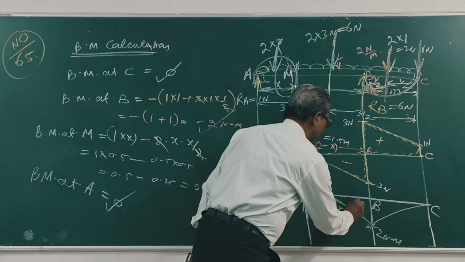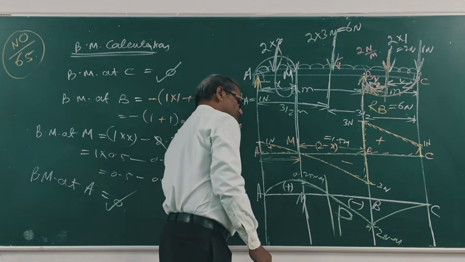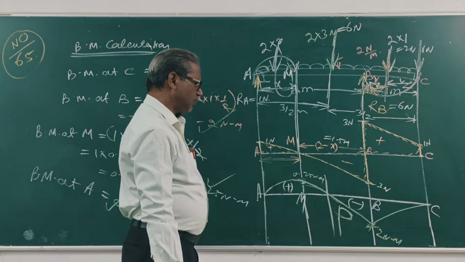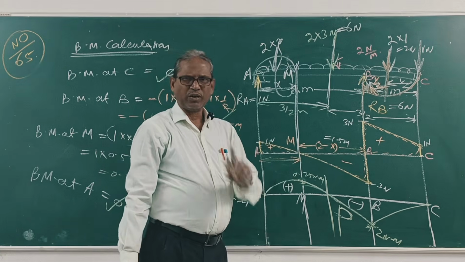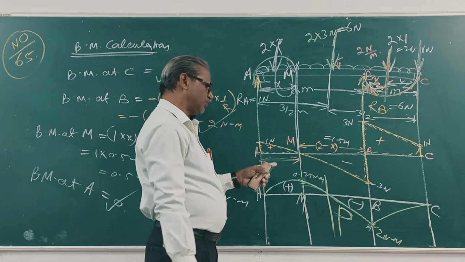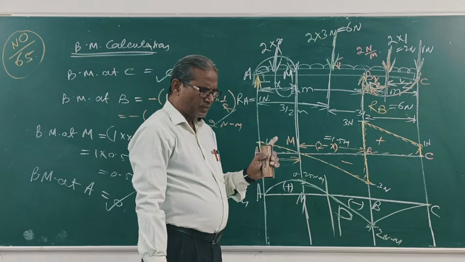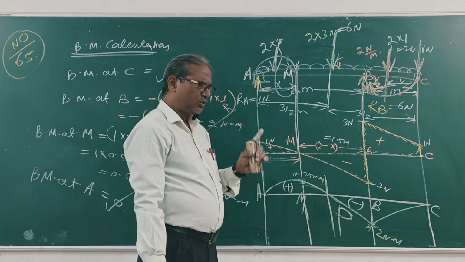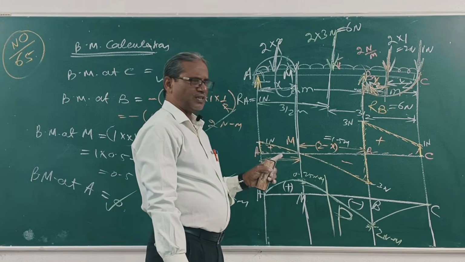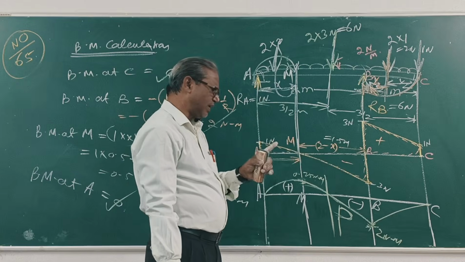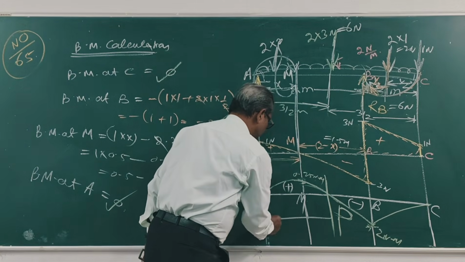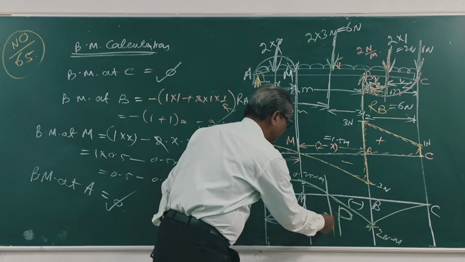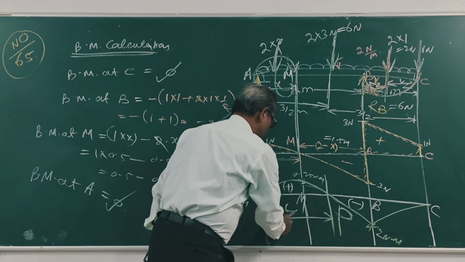This is negative value. Clear? So at this point, the bending moment changes its sign from positive to negative. So this point is called point of contraflexure. We will find out where P lies, locate the point P. Suppose this is y.